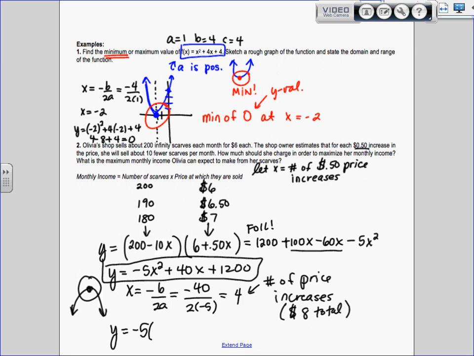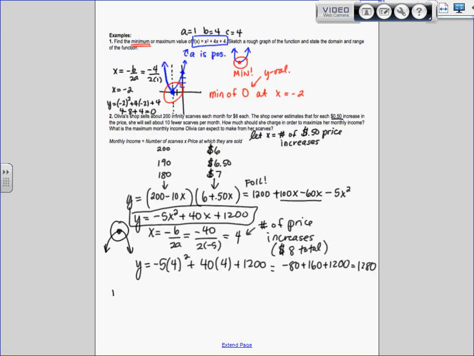So I have -5 times 4 price increases squared plus 40 times 4 plus 1200. So 4 squared is 16. So -80 plus 160 plus 1200. I think you get 1280. Did you guys get that? All right, that's her max income. So max income of 1280.